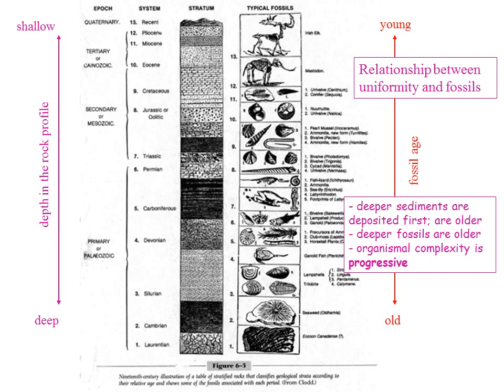Therefore, fossils that are found deeper in layers of sedimentary rock had to have lived in more ancient times. Those found in more shallow layers of rock lived more recently. And that tells us something about the patterns of life and perhaps evolution.